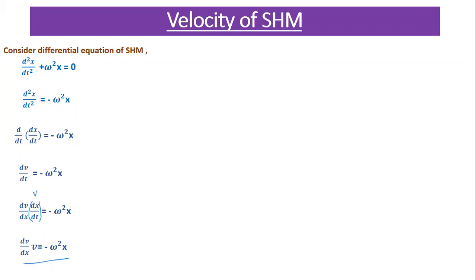So we get v dv by dx is equal to minus omega square x.